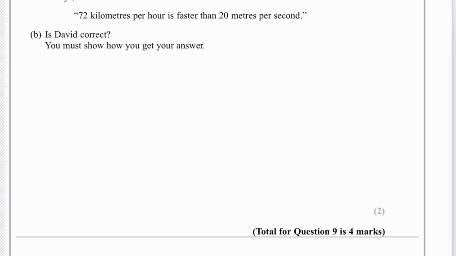Again, a very popular type of question, so let's have a look at how we could work that out. We've got 72 kilometers, and I'm just going to write in each hour, so 72 kilometers per hour. If I looked at that as meters, that's the same as saying 72,000 meters each hour, because there are 1,000 meters in a kilometer.